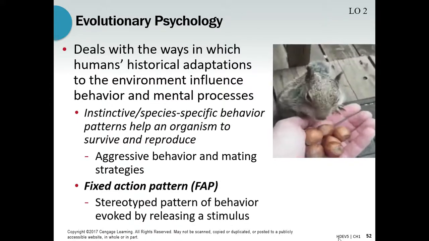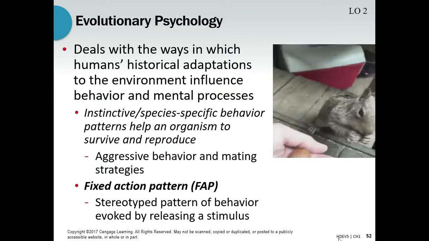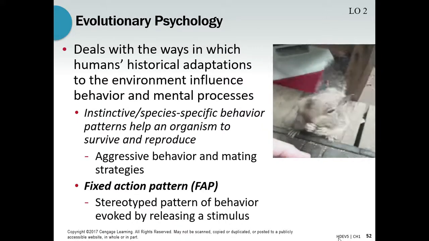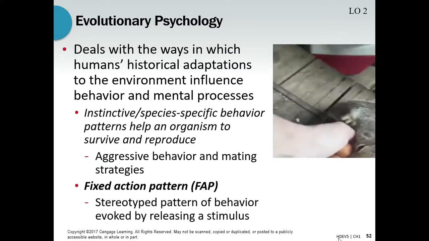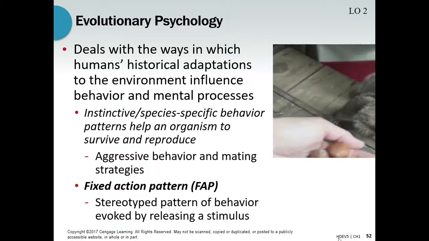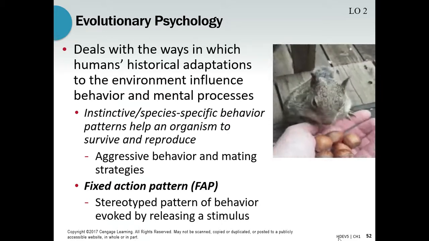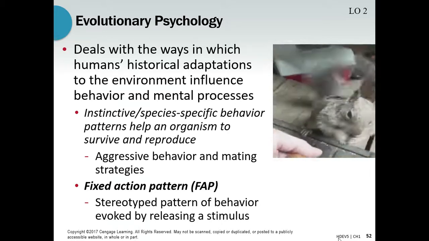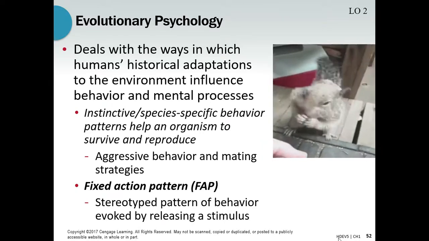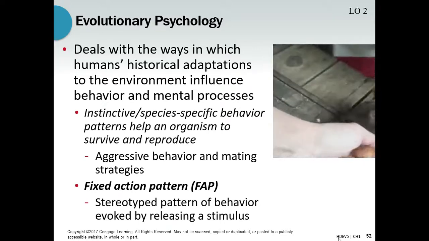Humans also have a lot of fixed action patterns. The most obvious one is sex. You don't have to teach a child or a person in adolescence how to have sex. If you give them another person and put the right sort of mood in place, they will figure it out all on their own.